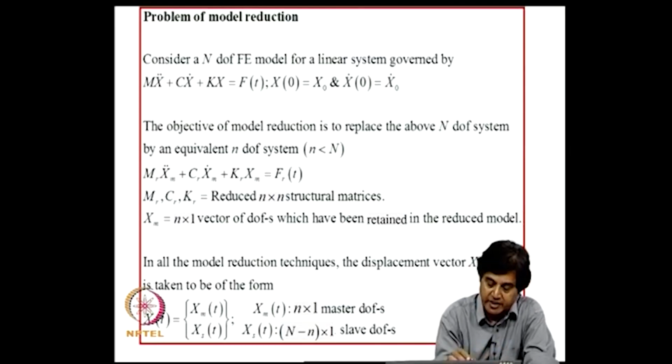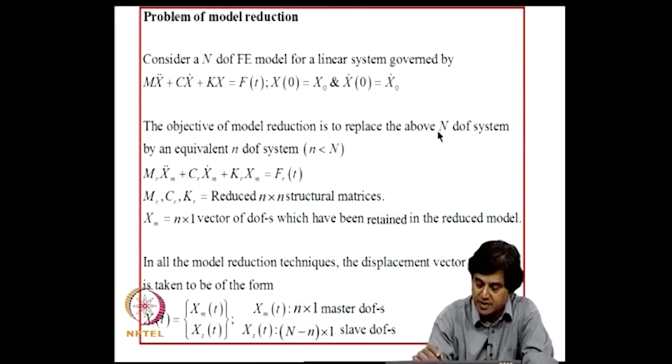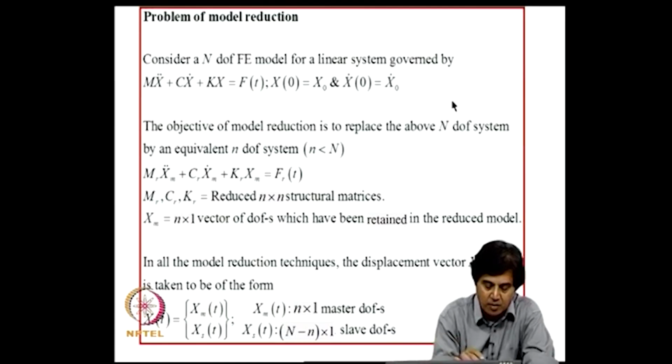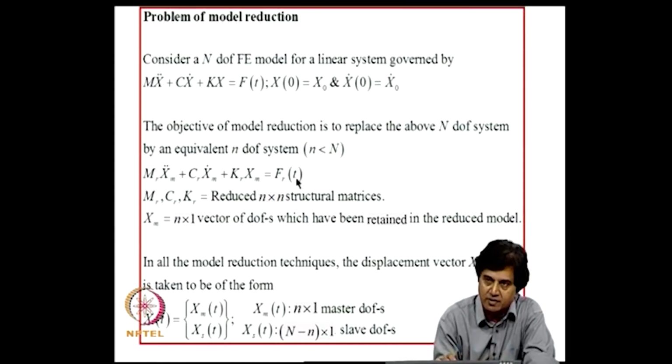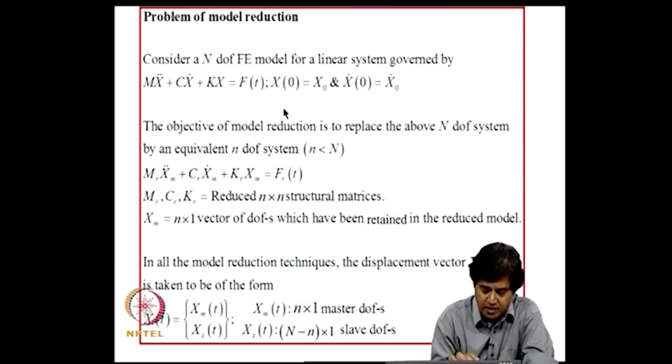The objective of model reduction is to replace this n degree of freedom system by an equivalent lower order system, a lower case n degree of freedom system, where the reduced system will have much lesser number of degrees of freedom than the larger system. So the objective is to derive the equation of motion for another system which has less number of degrees of freedom as shown here, and these two should be related. These M_R, C_R, K_R are the reduced n cross n structural matrices.